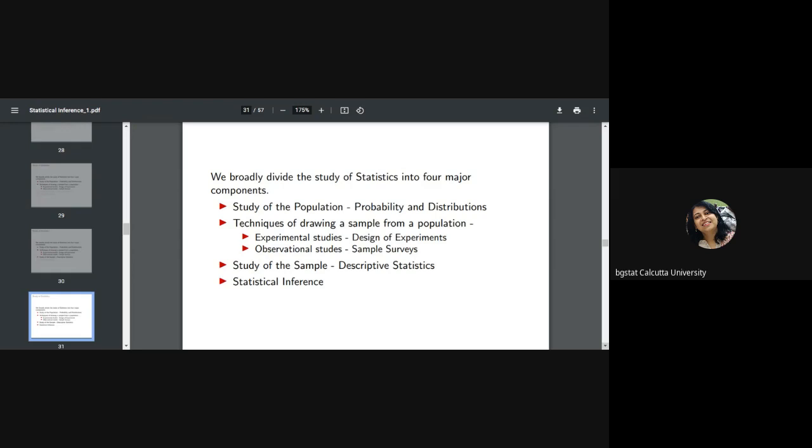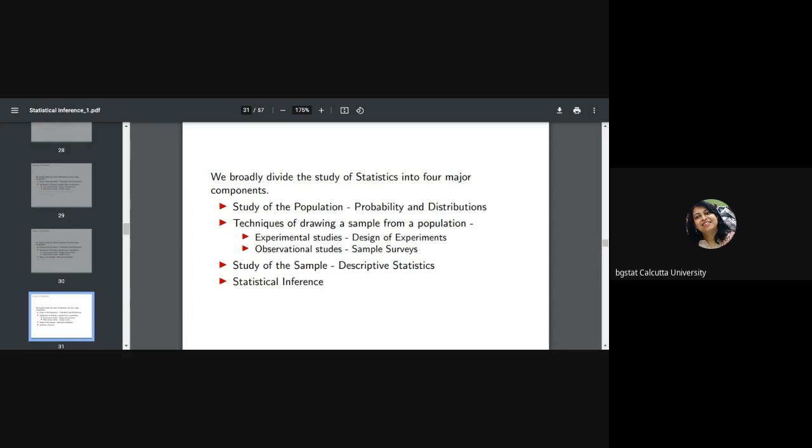So this is when you are getting data from a lab experiment. Alternatively, you might not get data from a lab experiment. You might just observe a habit, say smoking, in a population. So this is the theme of sample surveys.